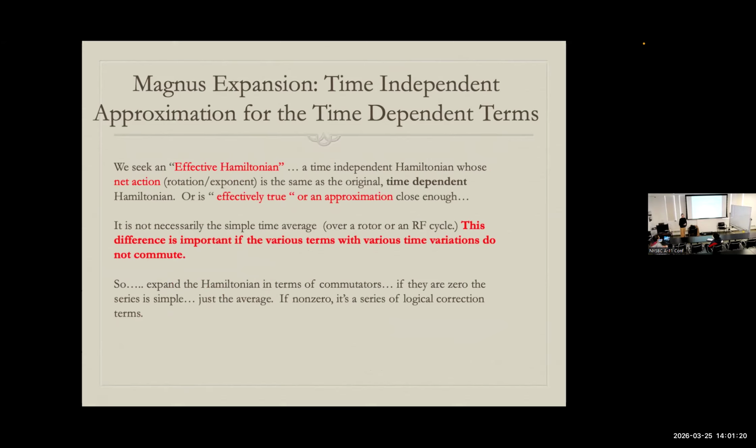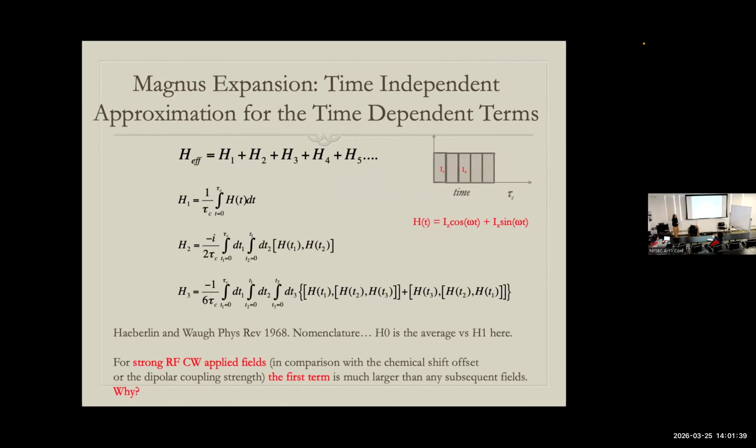So actually the smart thing to do is to choose an expansion in commutators. That way we're pretty safe that we can truncate it quickly when the commutators are zero. We know that this will have the truncation properties that we want. The Magnus expansion is just such a thing. It's a time-independent approximation for the time-dependent terms.